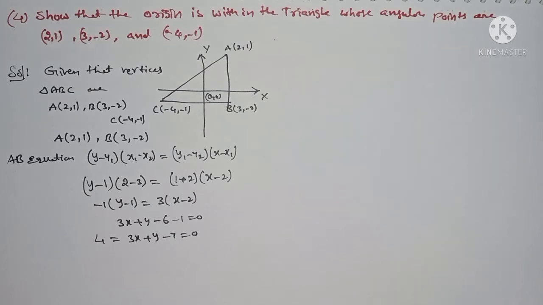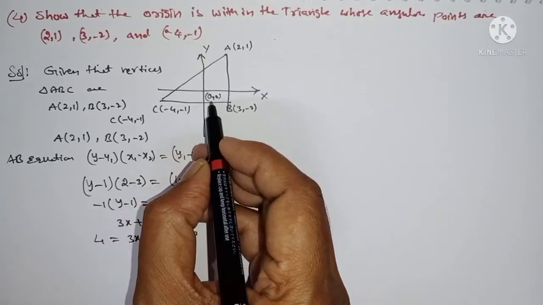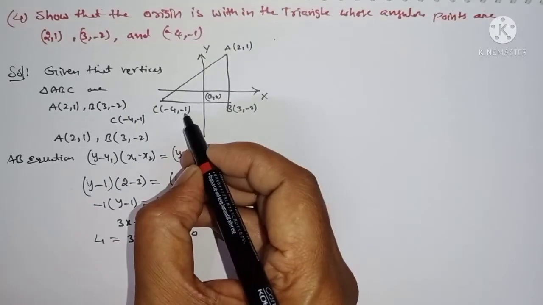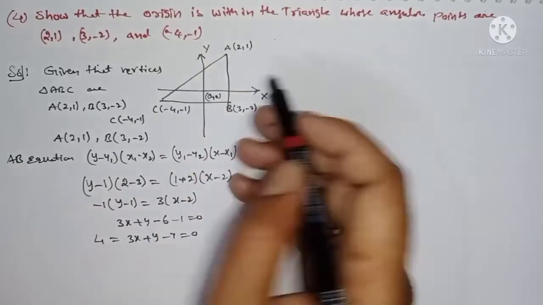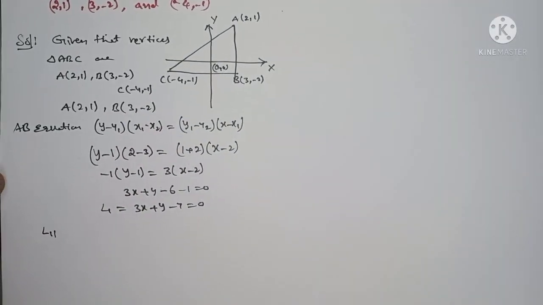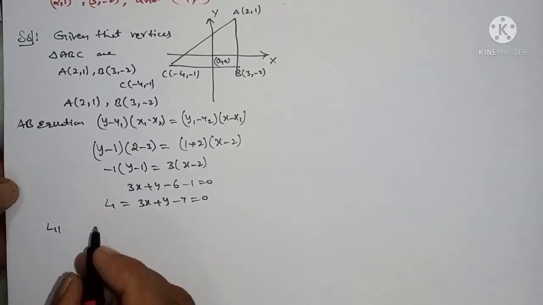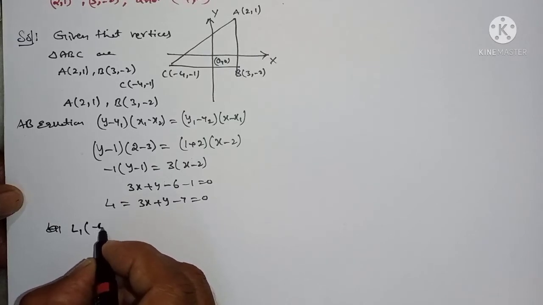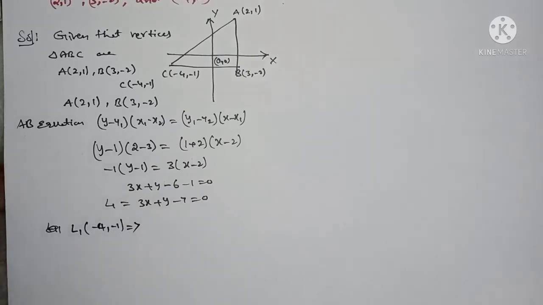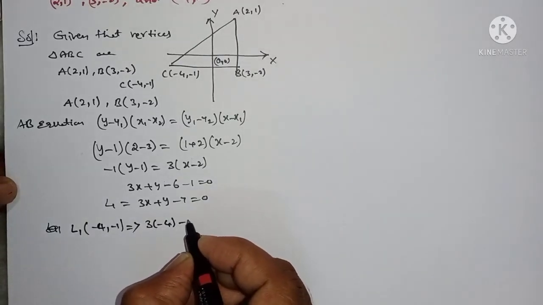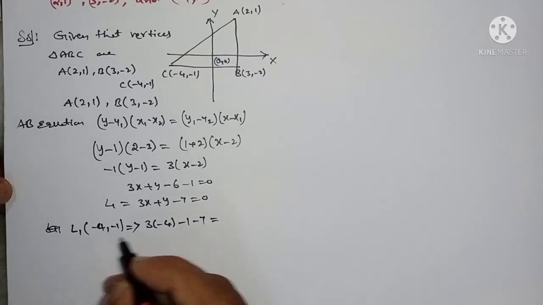Then for the AB equation, observe here the point minus 4 comma minus 1 and the origin 0 comma 0. You can observe whether 0 comma 0 and minus 4 comma minus 1 are on one side or the other side. I am taking L1 of minus 4 comma minus 1: 3 of minus 4 minus 1 minus 7, how much is this?